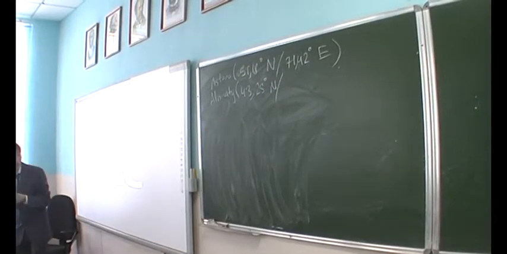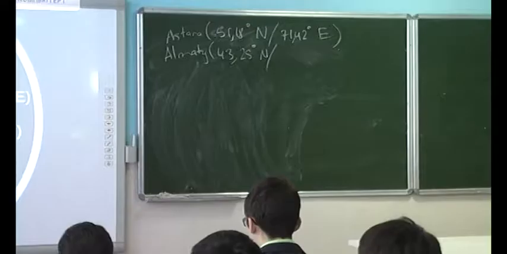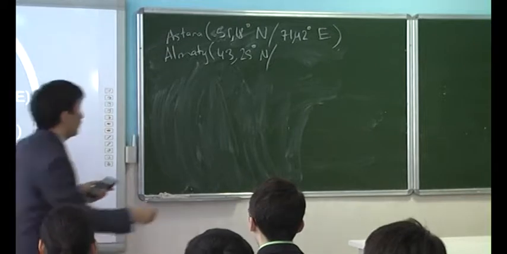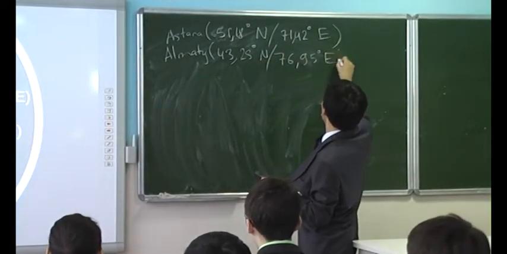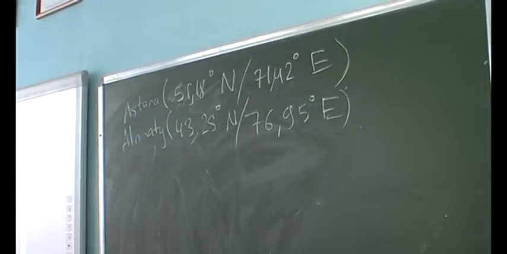Okay, now 57 over 60, plus 76, will be 76.95 degrees to the east, yeah?